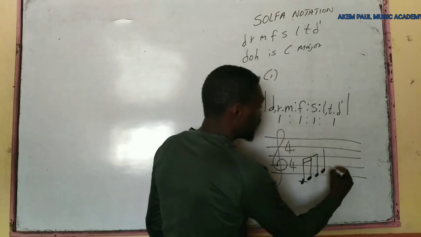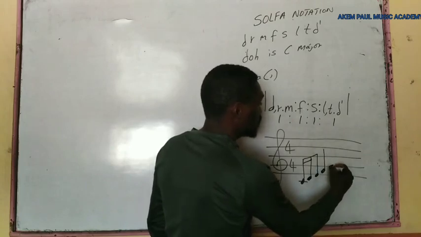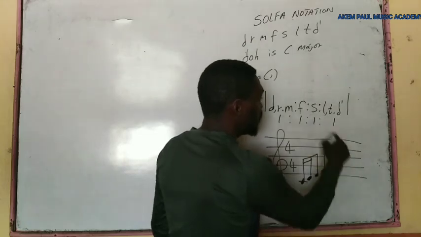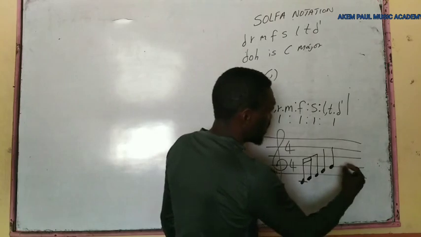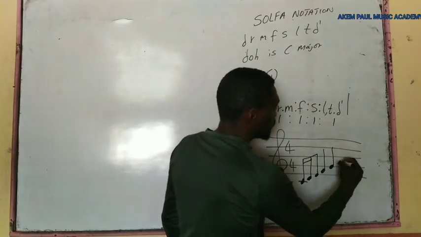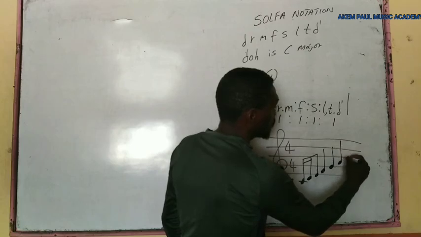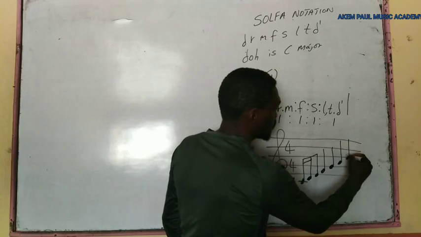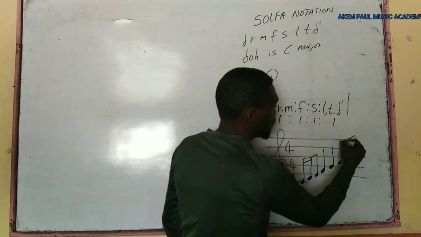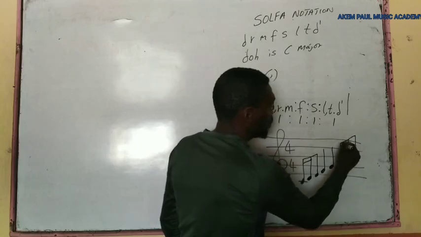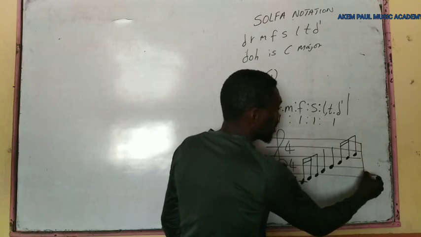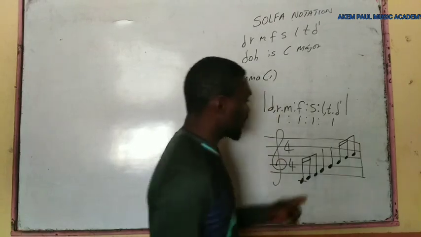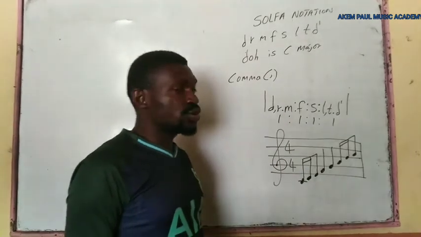And then we're going to have another crotchet on sol, which is G. And then we still have the same thing as here. So we combine them together and then join them together and then close our bar. So this will be the interpretation on the staff of this note.